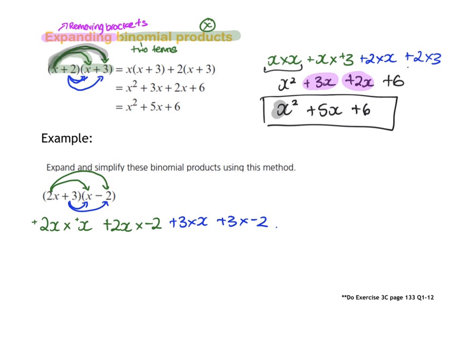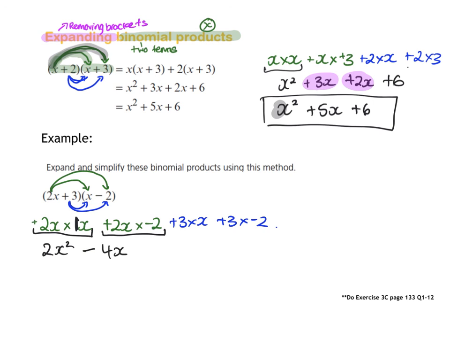So what would 2x times x be? This, remember, has a number 1 there. So what's 2 times 1? 2. And x times x is? Squared. So this bit becomes 2x squared. Now, what about 2x times negative 2? What's a positive times a negative? Negative. What's 2 times 2? 4.